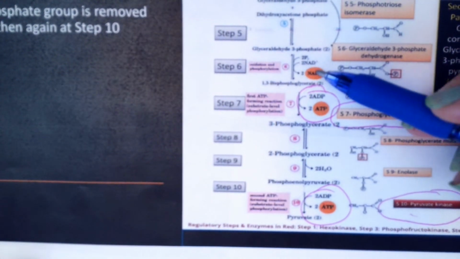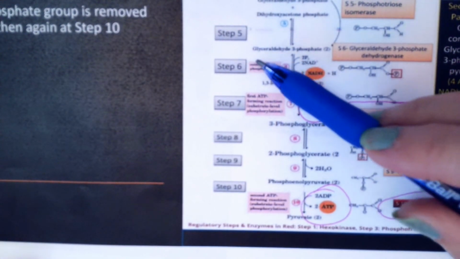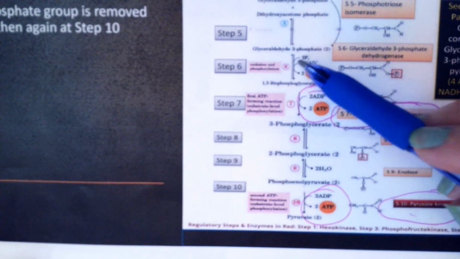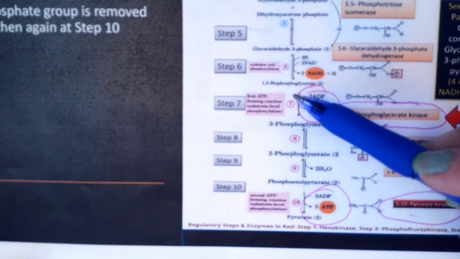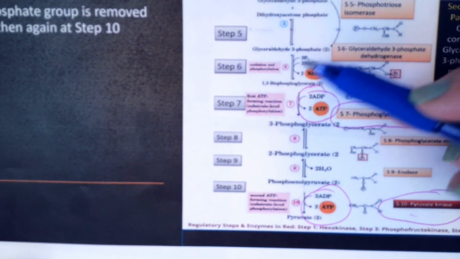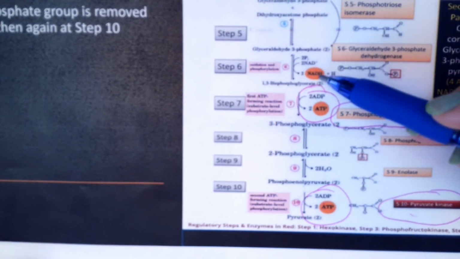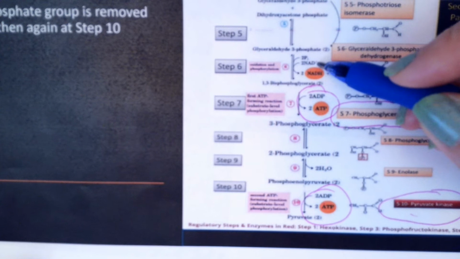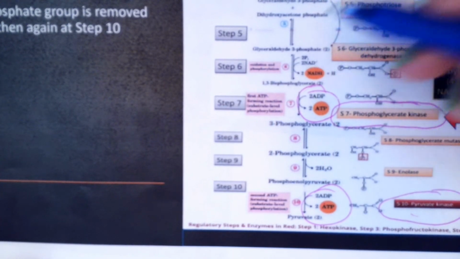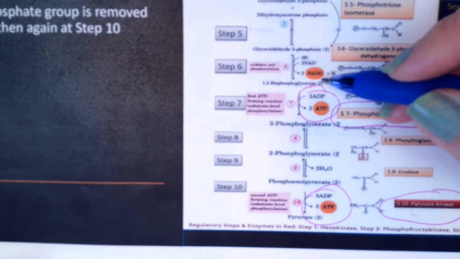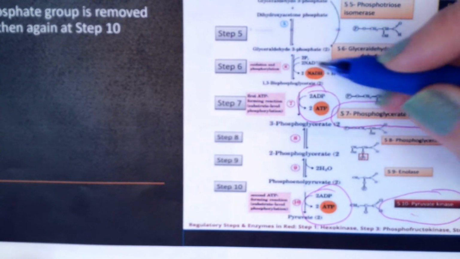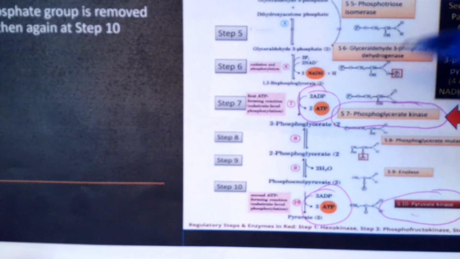So here, when we turn glyceraldehyde 3-phosphate into 1,3-biphosphoglycerate, we are coming out with NADHs. We are reducing NAD+, so adding electrons, or in the form of hydrogen in this case, to create NADH. So this is a source of NADH.